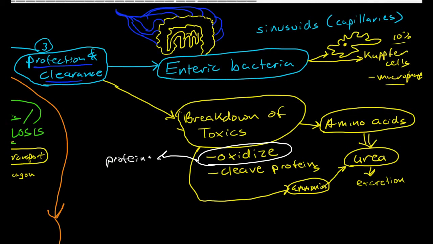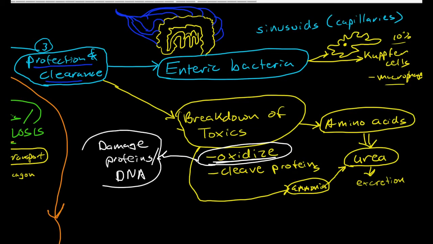So obviously it can directly damage important proteins in the body, and it also can damage DNA. So the liver uses oxidation to break down toxins, but it also needs to protect itself from oxidation, and so it produces antioxidants.